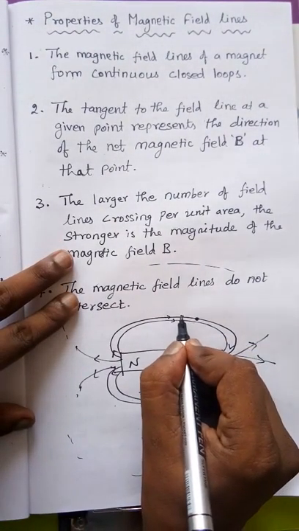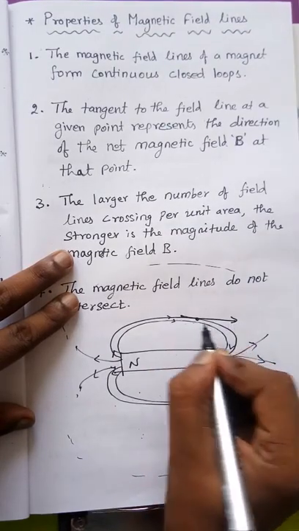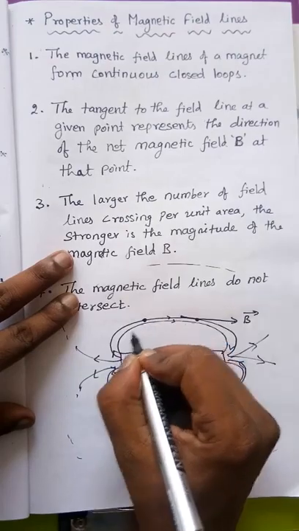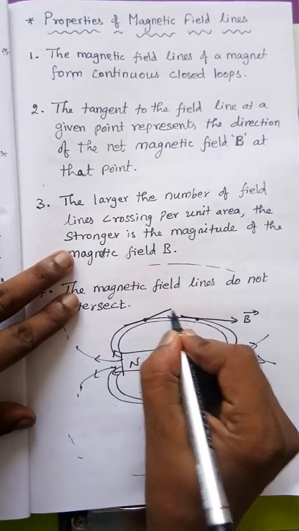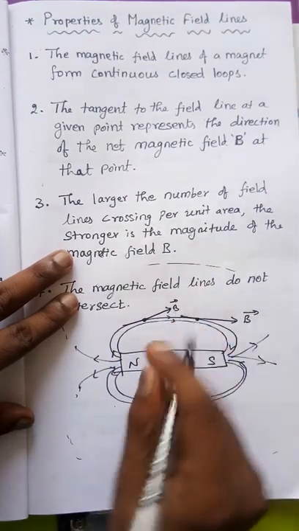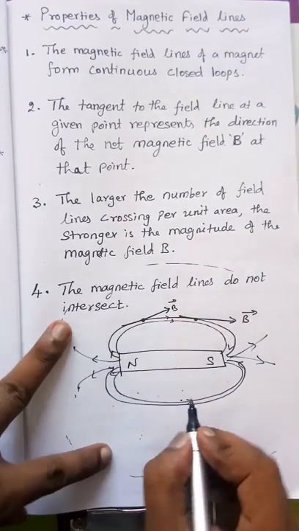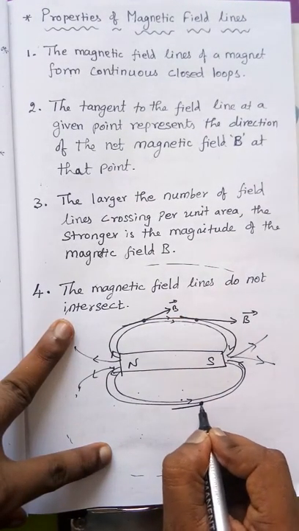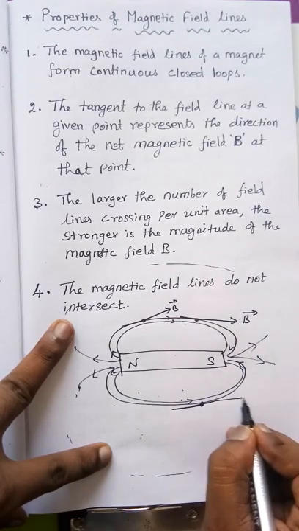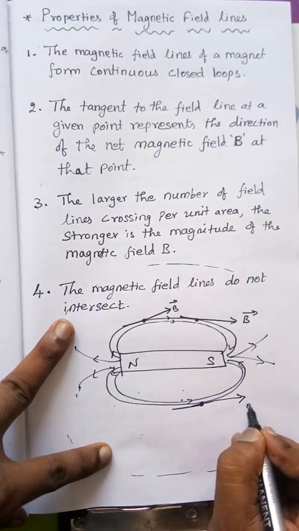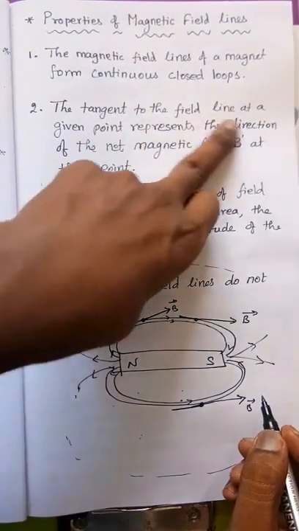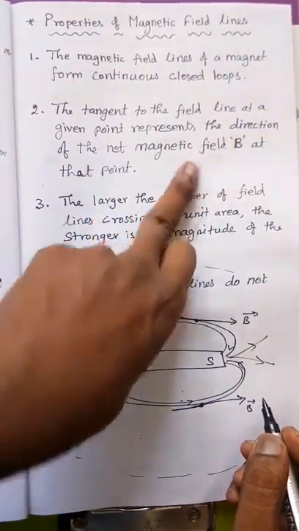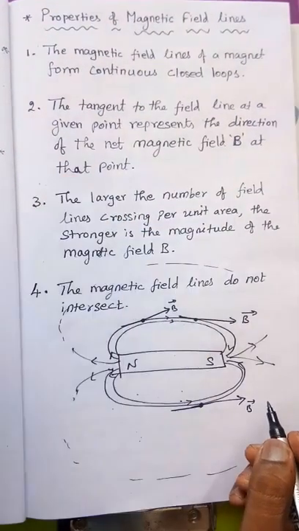If you draw the tangent line, this is the direction of the magnetic field. Suppose you consider another point here and draw a tangent line, this is the direction of the magnetic field. So the tangent of the field lines at a given point represents the direction of the net, meaning total, magnetic field B at the point.